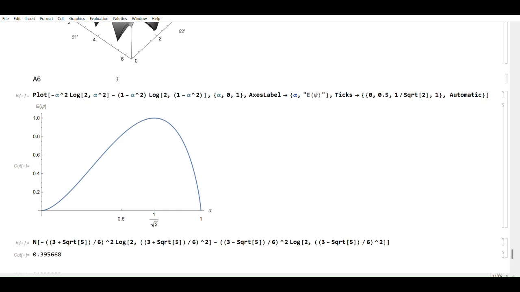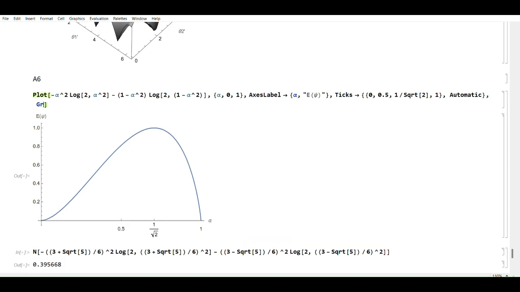Let me just try. I just went to Mathematica help. So there is an option called grid lines.